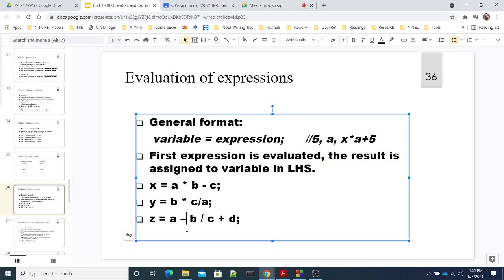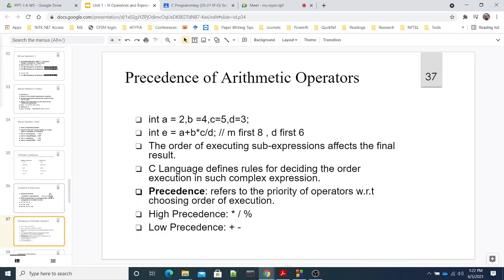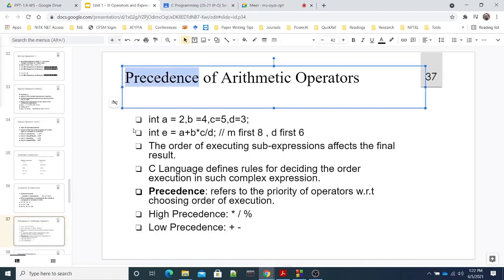So we'll learn what kind of rules govern the decision of which sub-expression is going to execute first in C. This is decided by two rules: the precedence rule and the associativity rule. Precedence means priority. Every operator, like addition, subtraction, division, multiplication, is assigned a priority or weightage, and the execution takes place according to that.